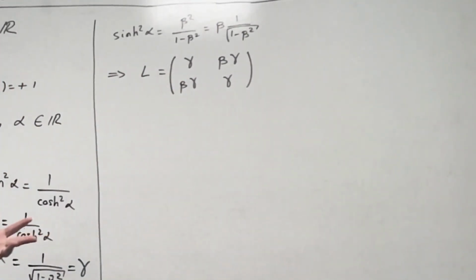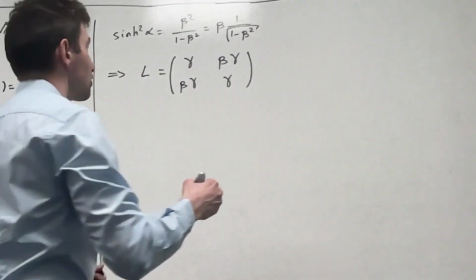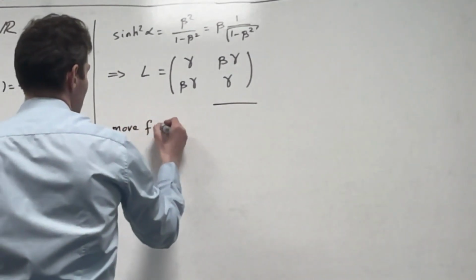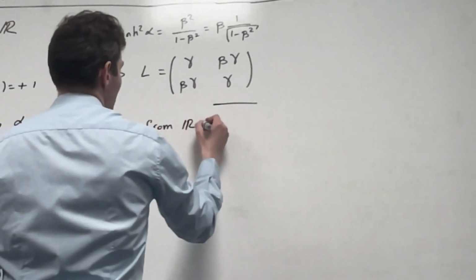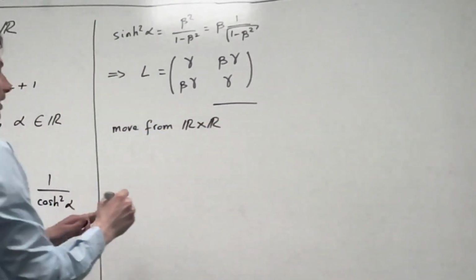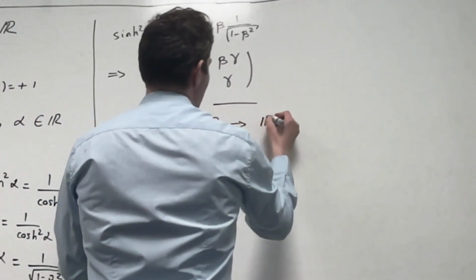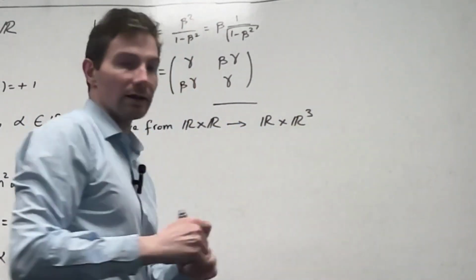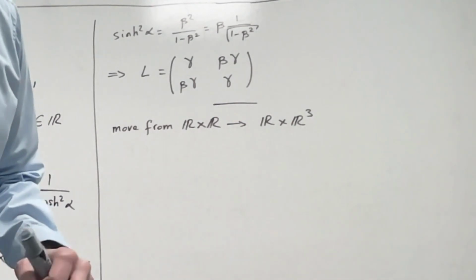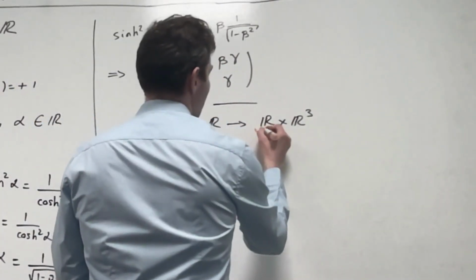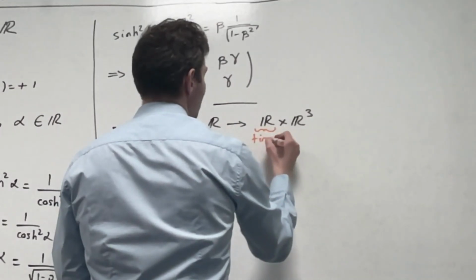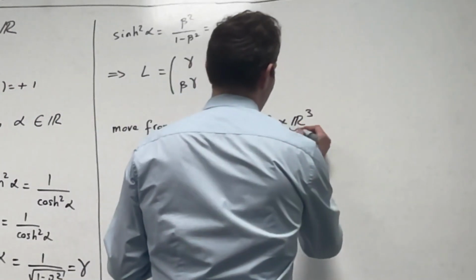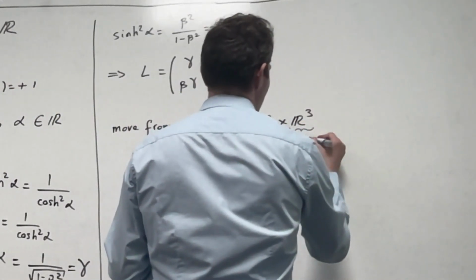And to go into Lorentz transformations, what we need to do is essentially move from the relatively abstract description we had done here, and now we are going to move into R cross R3, okay, where in this particular case, this particular variable here is associated to time, and the other ones are related to space.